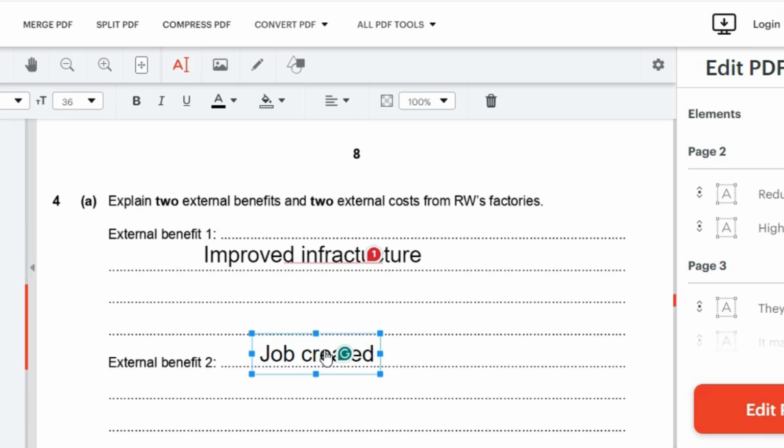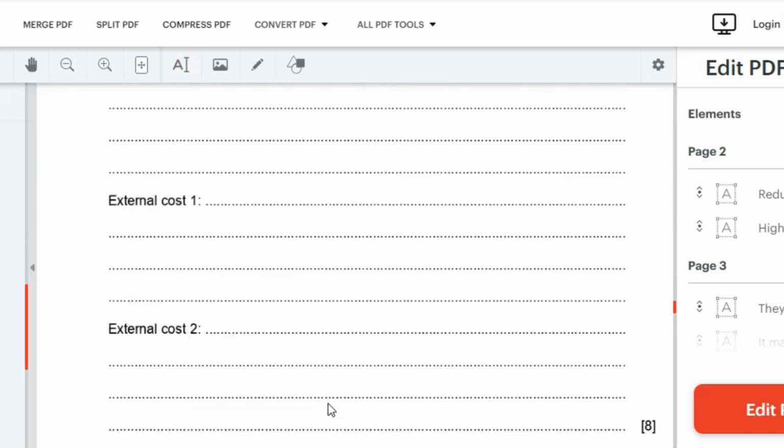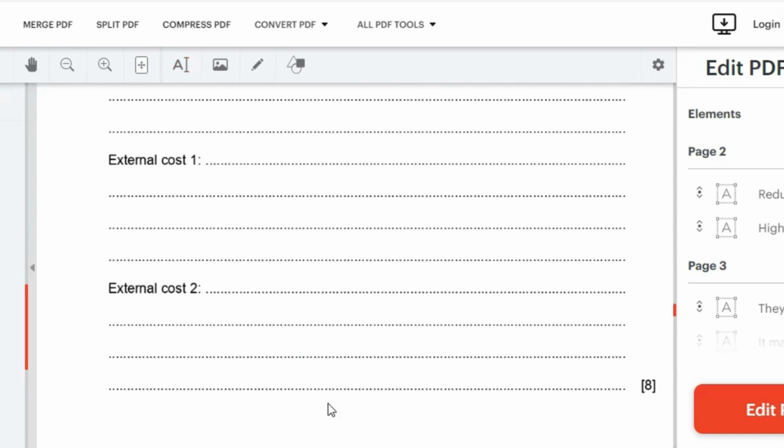That is not all we have on external benefit, but we are told to mention just 2. We also have road improved by government to aid increased traffic, and also tax that will be paid to the government.